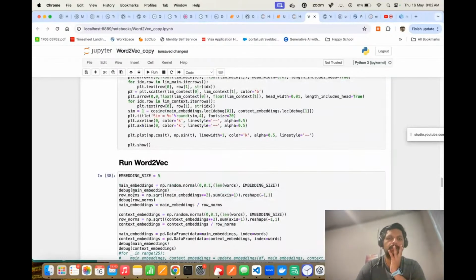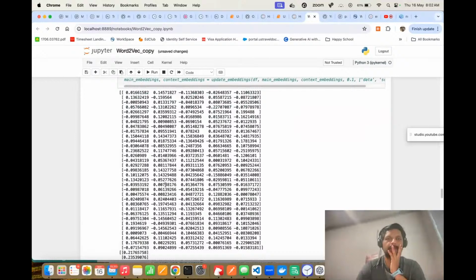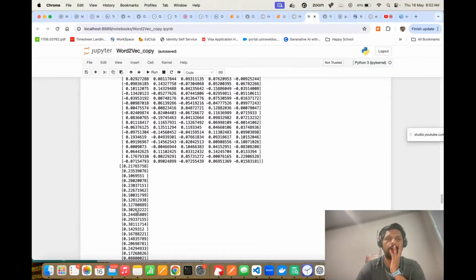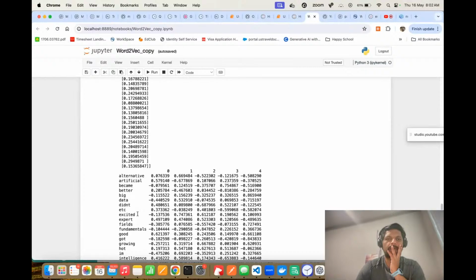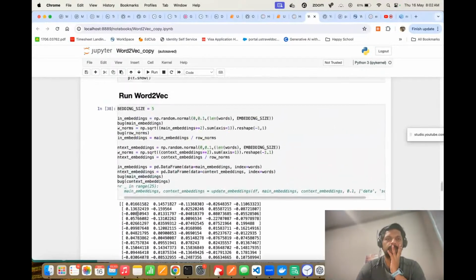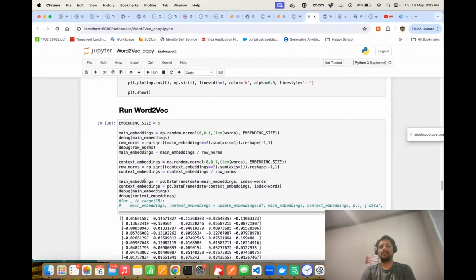These main embeddings initially are like this. Then row normalization: you're dividing them by this norm value. It's just like normalization, that's all.